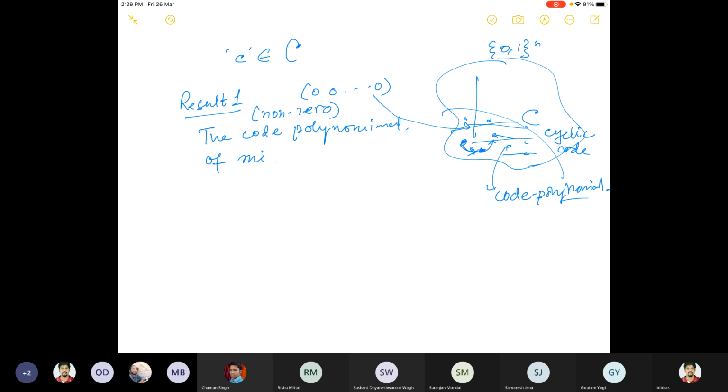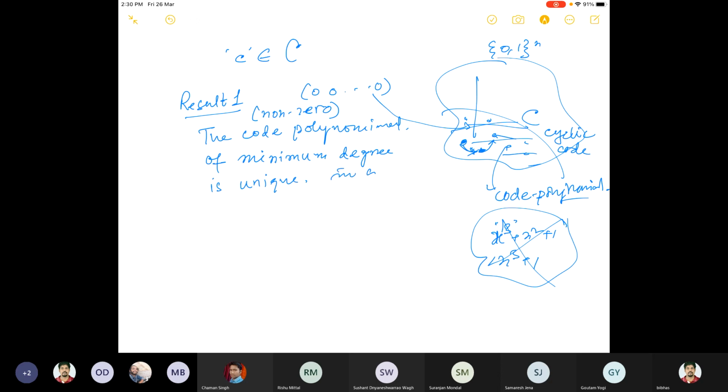For example, suppose 3 is the minimum degree. It could be something like x squared plus 1, or it could be x cubed plus 1. This kind of a thing will not be there if 3 is the minimum one. So the code polynomial of minimum degree is unique in a cyclic code.